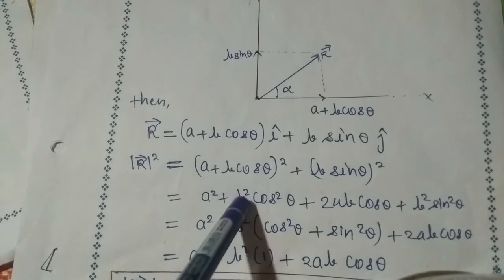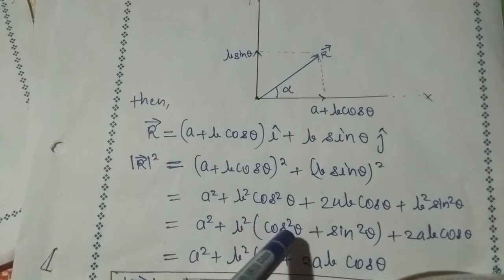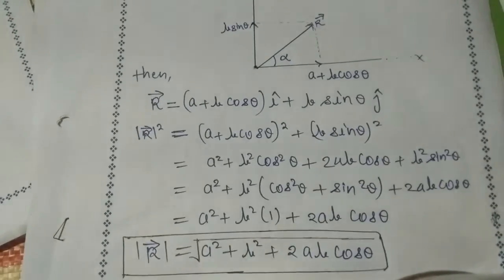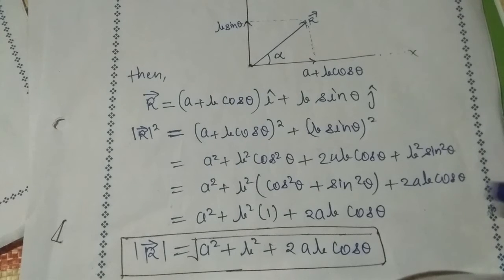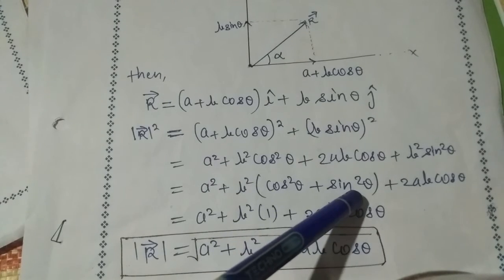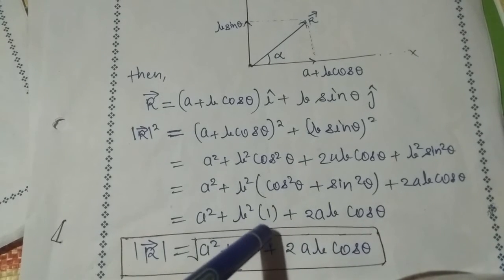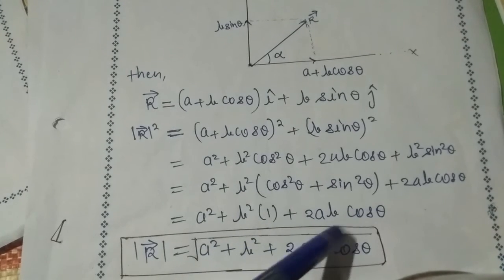Taking B square common, we get A square plus B square (cos square theta plus sin square theta) plus 2AB cos theta. We know cos square theta plus sin square theta is equal to 1, so we take 1, and 2AB cos theta remains as it is.